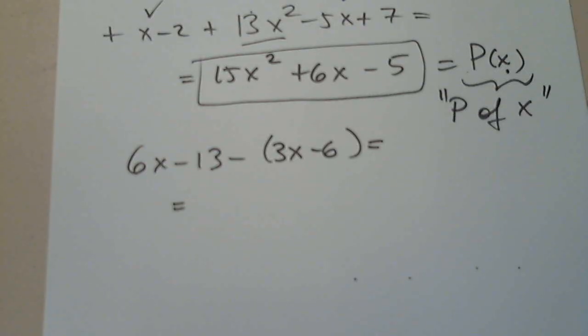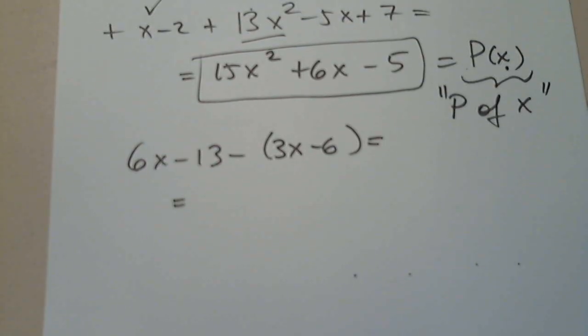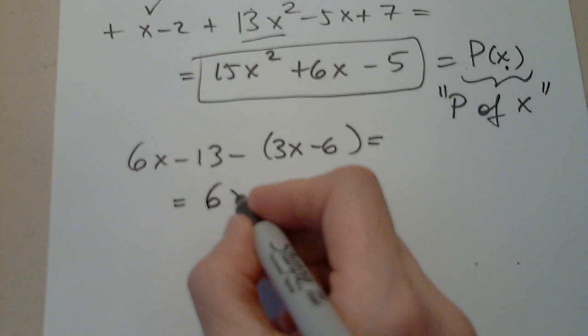What will be the first step, please, before you combine like terms? The first mandatory step. Getting rid of the parentheses and multiplying everybody by -1.